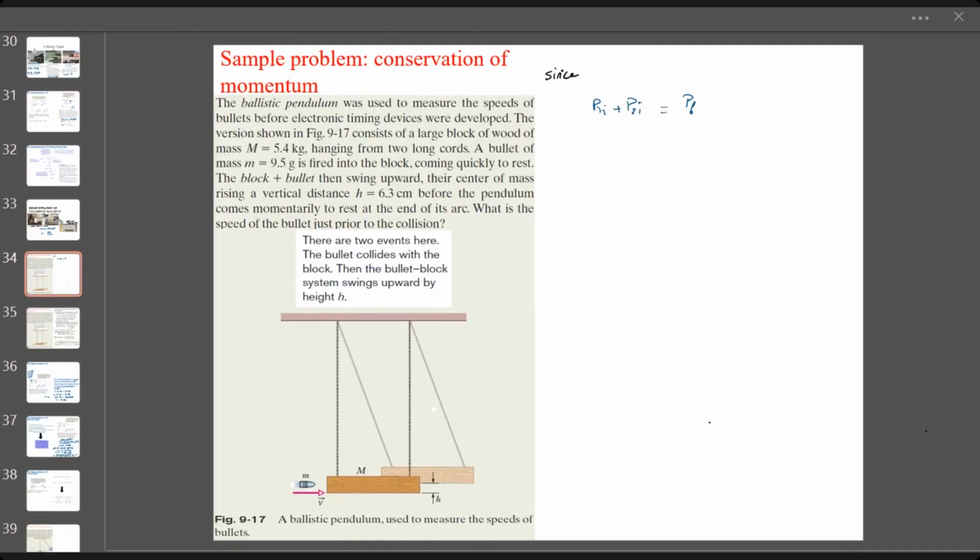Since the two objects stick together, then this is a completely inelastic collision.